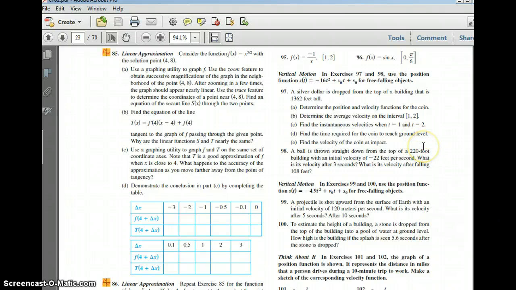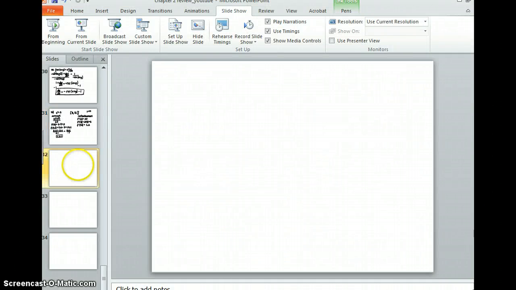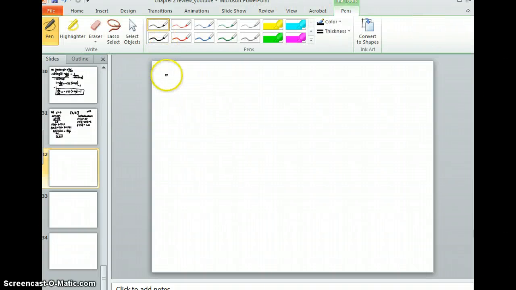Okay, so negative 16t squared minus 22t plus 220. So f of t equals negative 16t squared minus 22t plus 220.